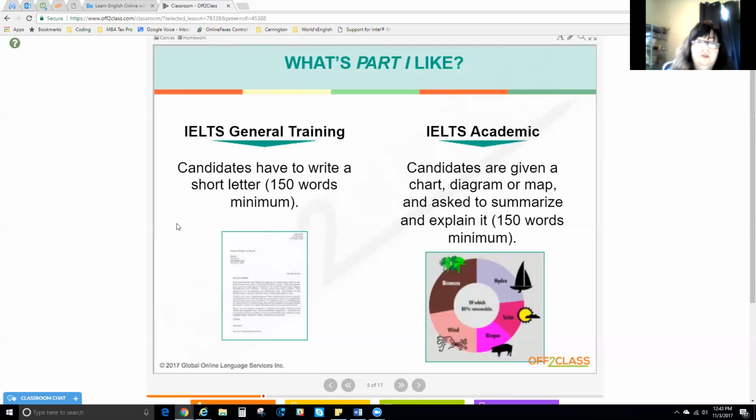So in the general training, you might have to write a short letter of 150 words or more. You'll be given most likely a topic or some sort of prompt to respond to. In the academic version, you'll be given a chart, a diagram, or a map and asked to summarize and explain it. And when we do the academic lessons, we cover this a lot. We especially cover charts and diagrams a lot.